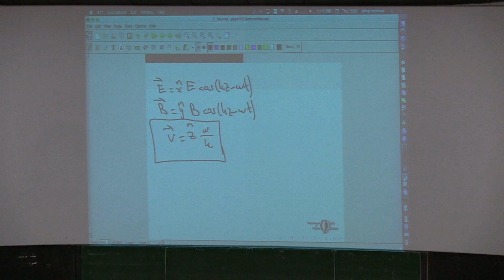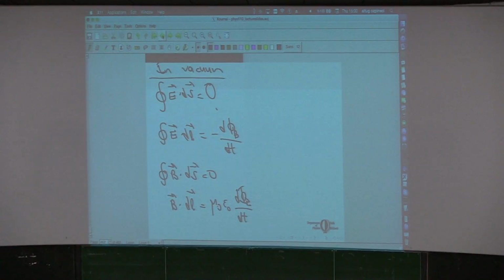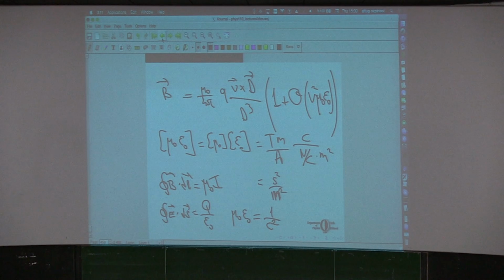What we will see is that the speed given by this expression has to be equal to 1 over the square root of mu 0 epsilon 0. Initially, this relation can seem like just a coincidence. But we will see that Maxwell's equations allow solutions of electromagnetic waves that move at this speed.